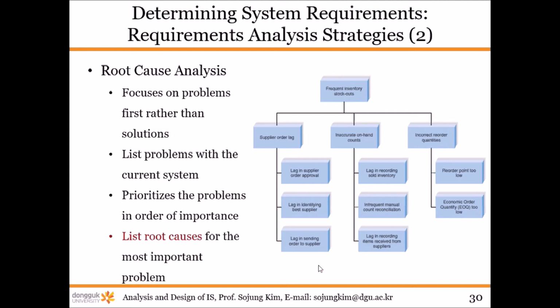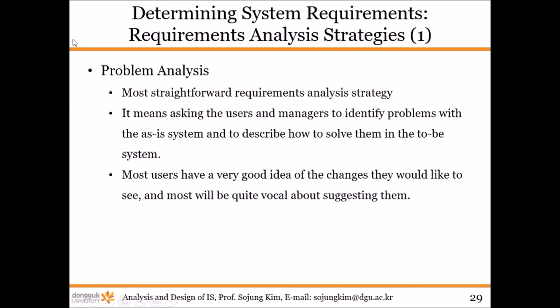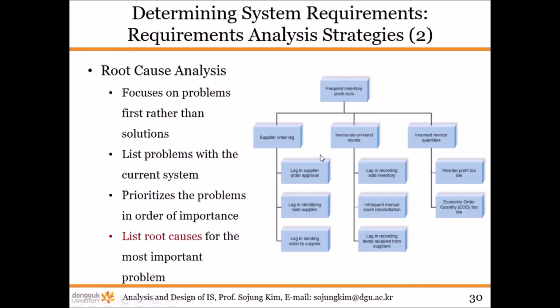Also, you can do the root cause analysis. So this is a root cause analysis. Also, a similar one is a fishbone diagram. So focusing on the problem first rather than the solution. So this tries to identify the problems and causes and list problems with the current system. So just list all the problems the system has here, and then prioritize the problems in order of importance, and list the root causes for the most important problem.